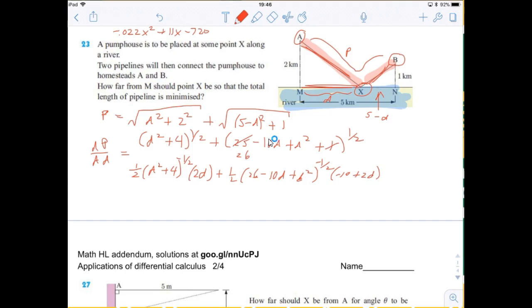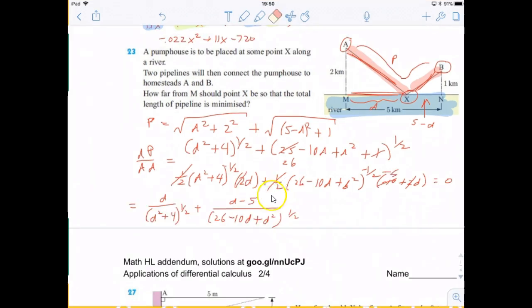Okay. And so we're going to see when this expression is minimized by setting it equal to 0.